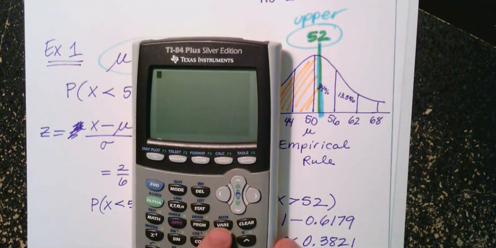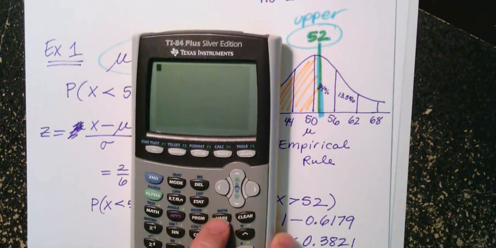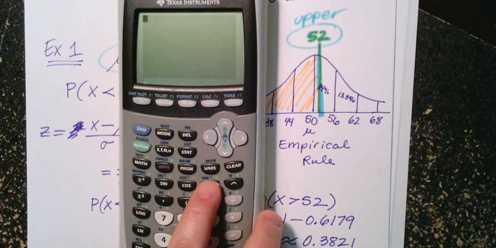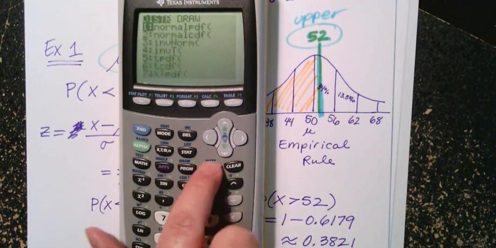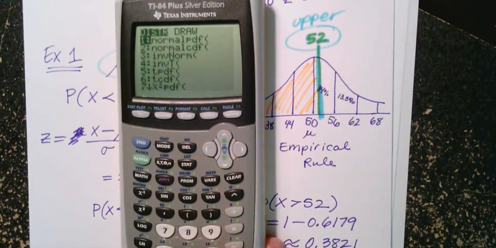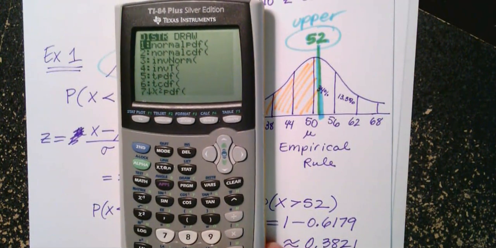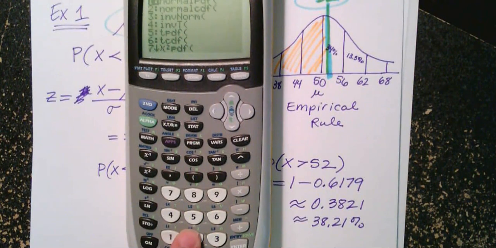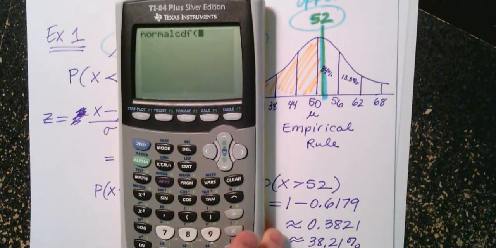So I'm going to go to distr, D-I-S-T-R, which stands for distribution. It's right above vars, right where my finger is. So I'm going to do second vars to go to distributions. And the second one down is the one we will use, normal CDF. So I'm going to press the number 2, and it says normal CDF, and then it gives me an open parentheses.